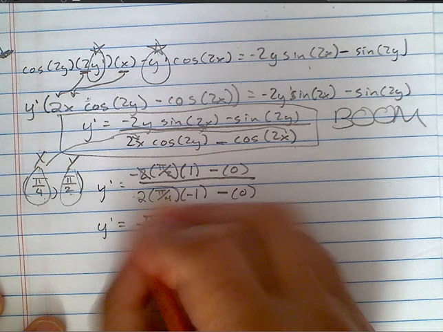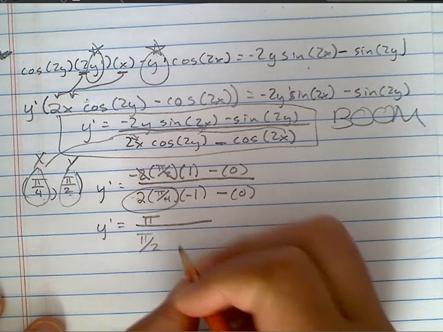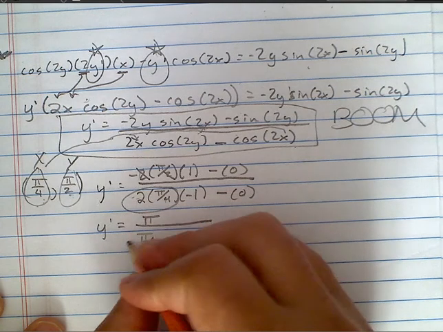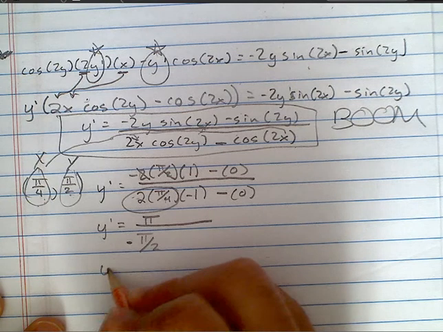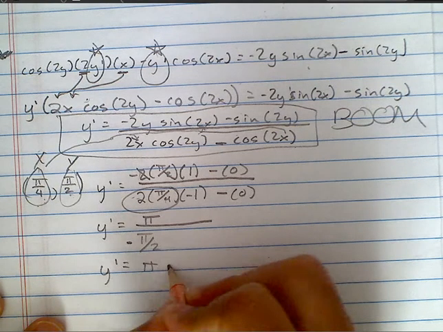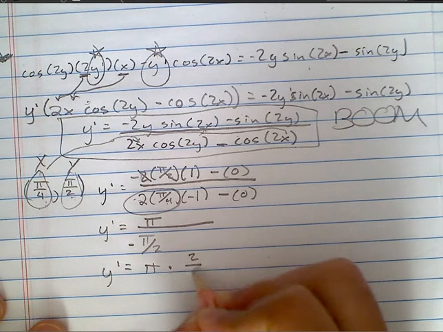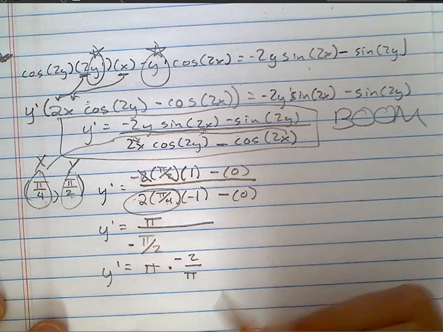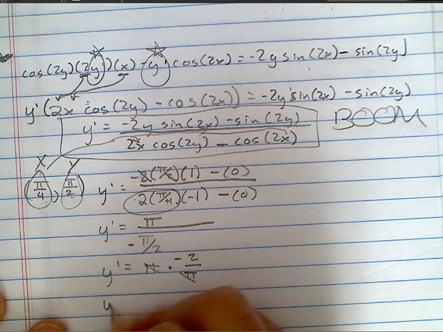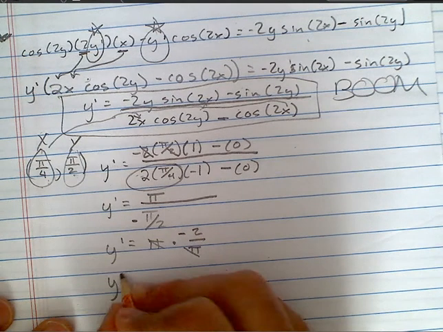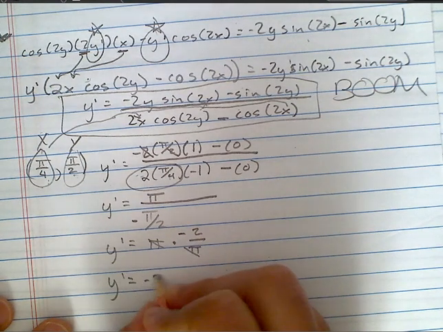This becomes pi over 2 times negative 1, so negative. And this is pi times, flip it, negative 2 over pi, cancel. Y prime is equal to negative 2.